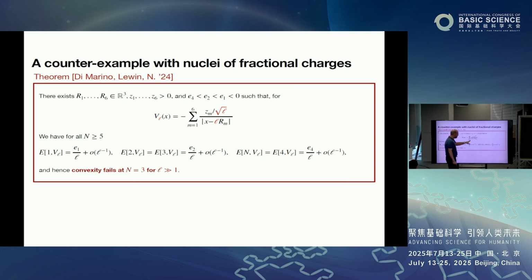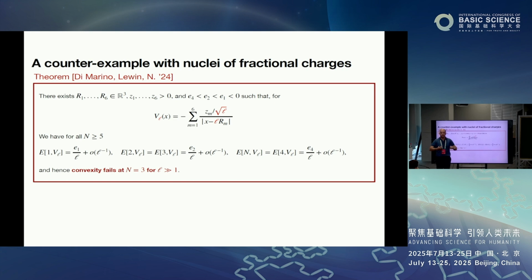Then you define this weird potential. So you see that basically I'm defining a potential for a molecule, but this molecule is a little bit weird because on each nucleus I'm actually posing a fractional charge, because the charge of each nucleus is proportional to 1 over the square root of L. And then I start to see what happens when L is really large.